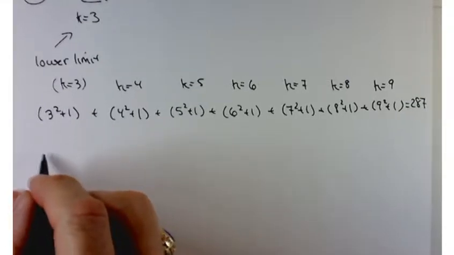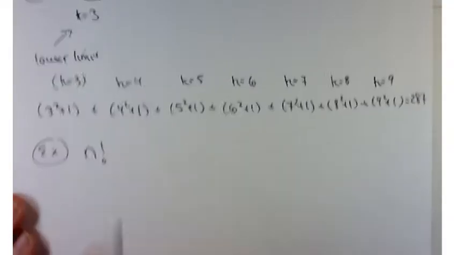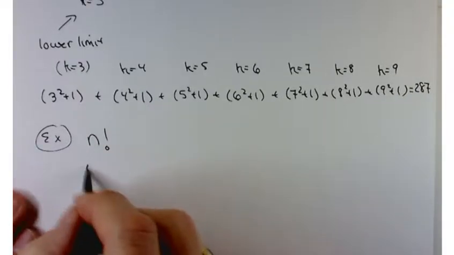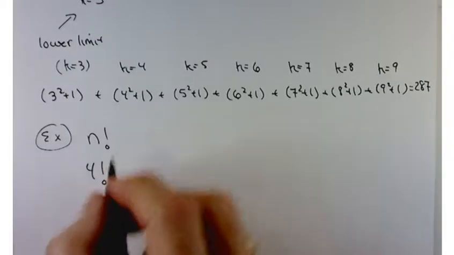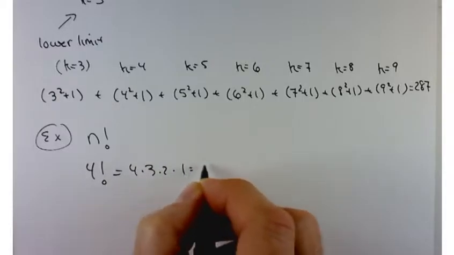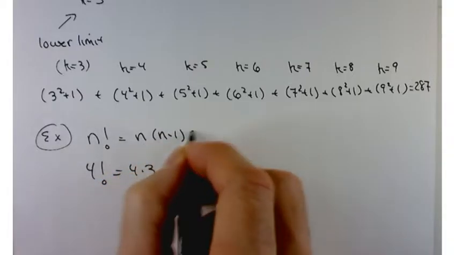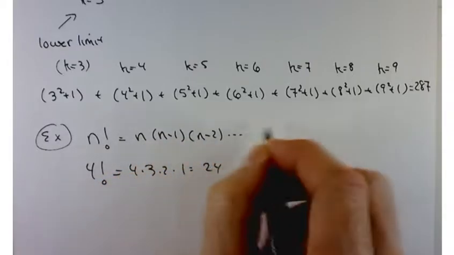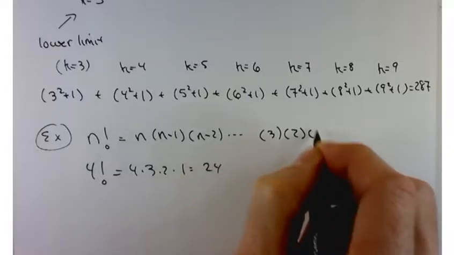Factorials. So 4 factorial is 4 times 3 times 2 times 1. N factorial is n times n minus 1 times n minus 2, all the way down to 3, 2, and 1. So that's your n factorial.